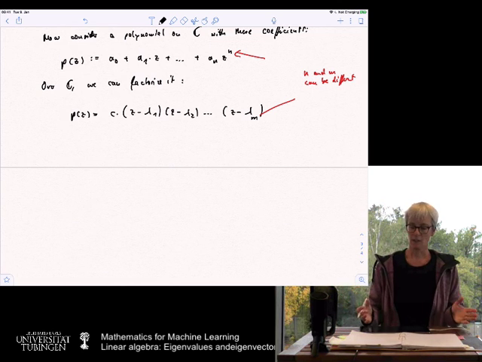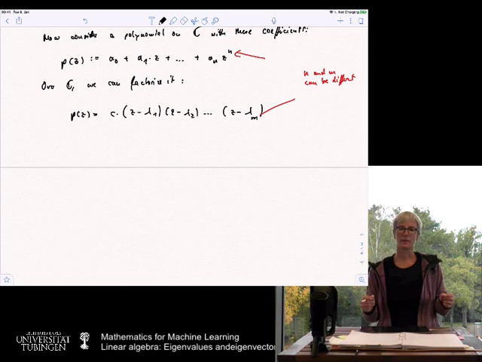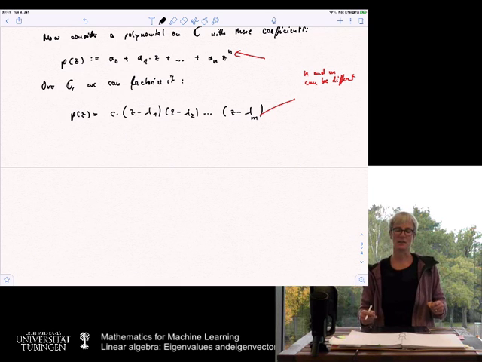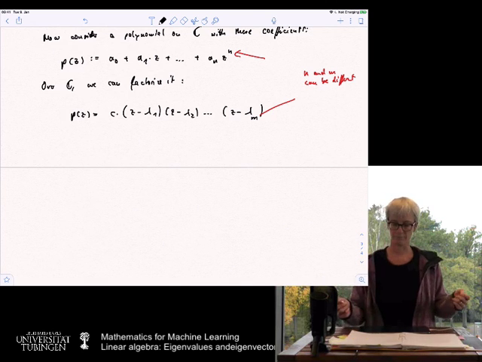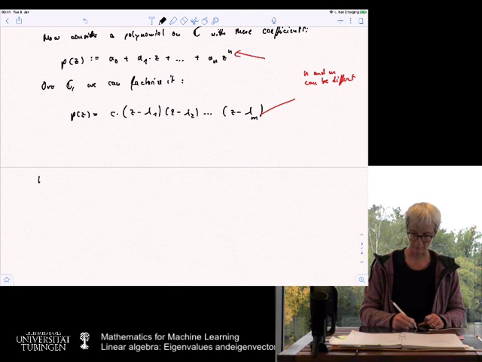And now, what do we do? We have the factorization of the polynomial, and now we use this also as a representation for our linear operator. Let's simply do it. I write it down. Hence, what do we have?